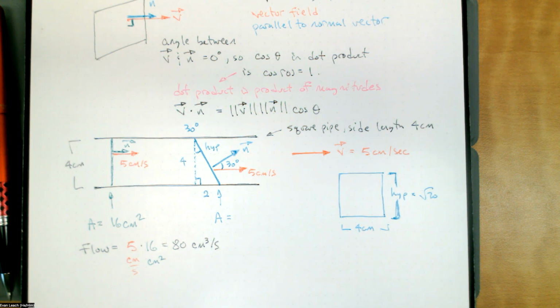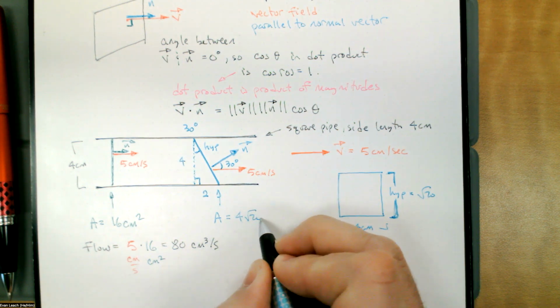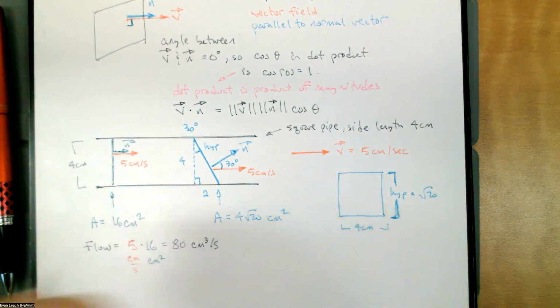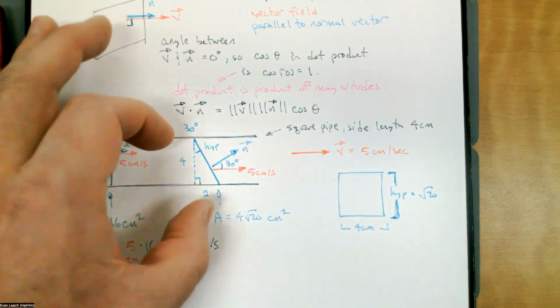So the area is greater. Instead of being 4 times 4, it's going to be 4 times the square root of 20. But not all of the 5 centimeters per second is flowing at that angle. I looked at it from the side and figured out the hypotenuse.